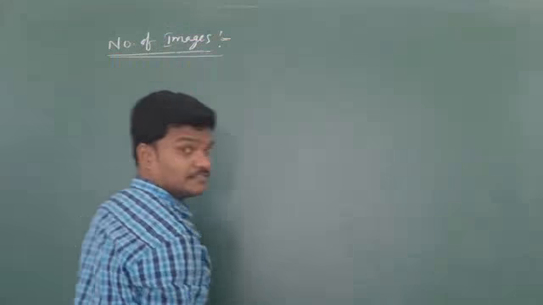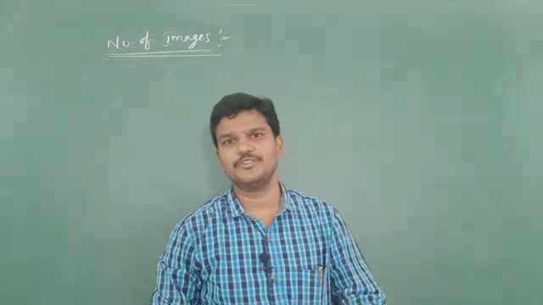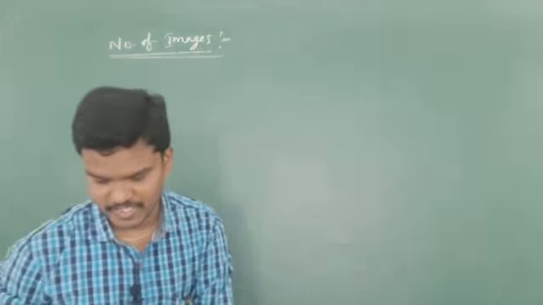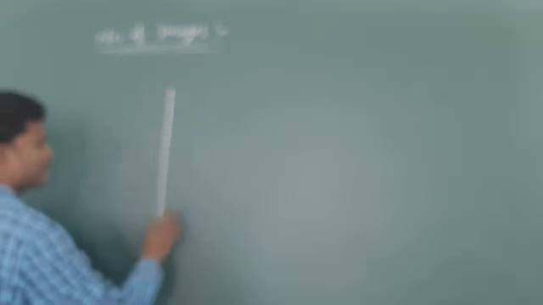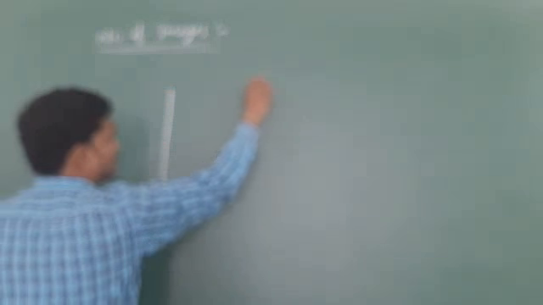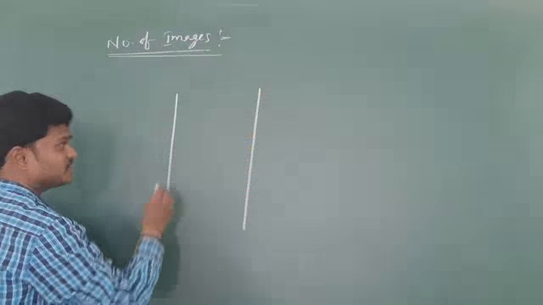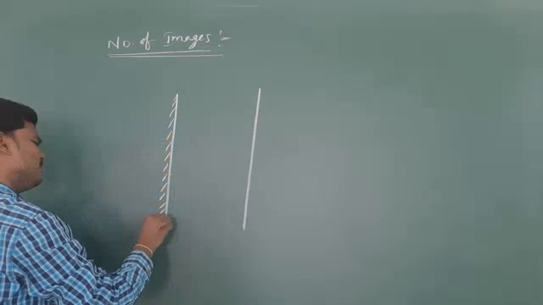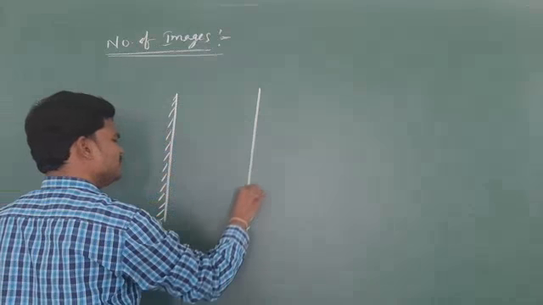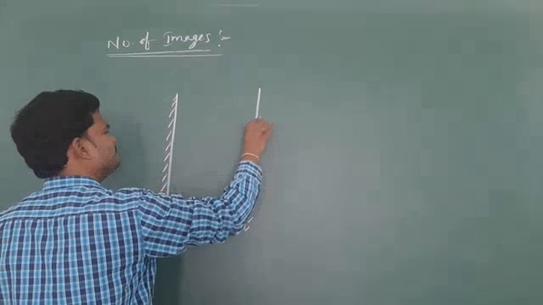Now let me start with first two plane mirrors. I am going to place them parallel to each other. So this is one plane mirror and this is another plane mirror. Both are placed parallel to each other. Two plane mirrors placed parallel to each other.